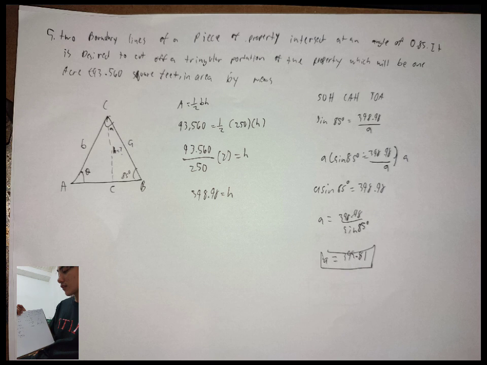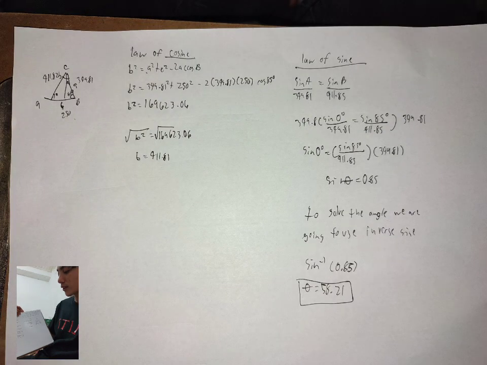So let's use the law of sines again. Sine 85 degrees equals 348.48 over A. So A multiplied by sine 85 degrees equals 348.48. So A equals 348.48 over sine 85 degrees.